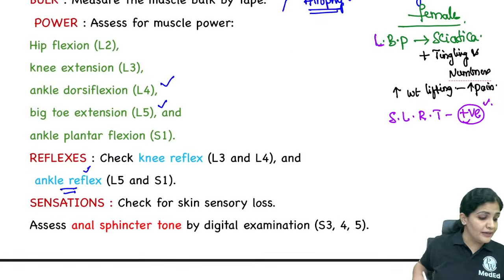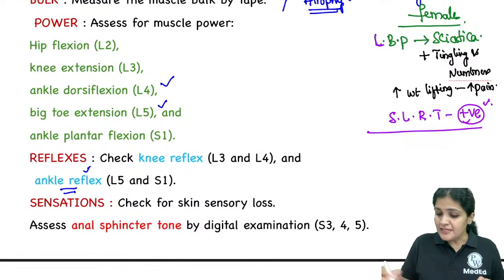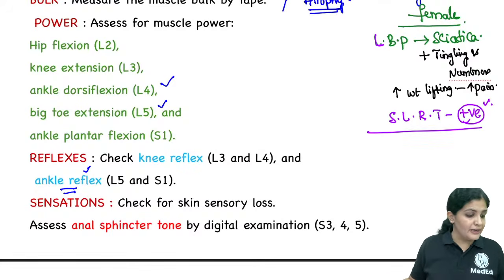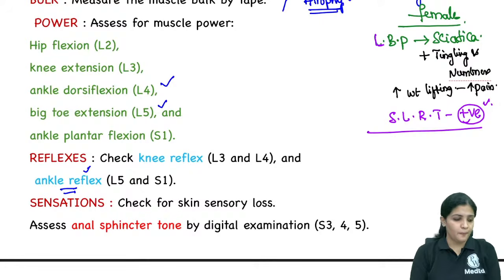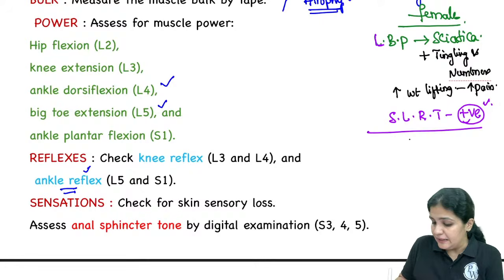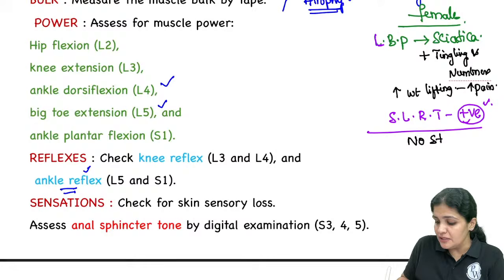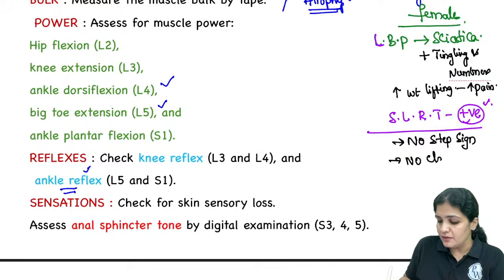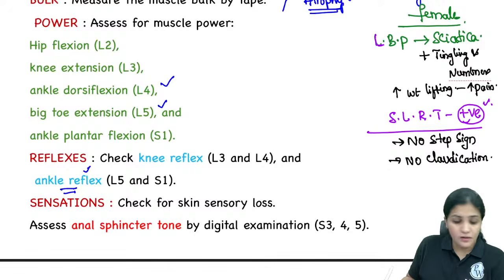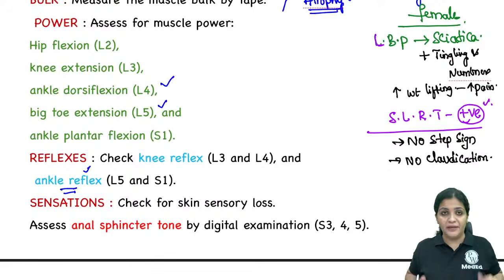On examination, there is no step sign, and there is no history of claudication. So what could be your working diagnosis for this particular patient?